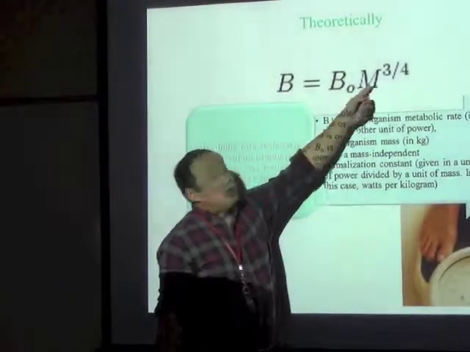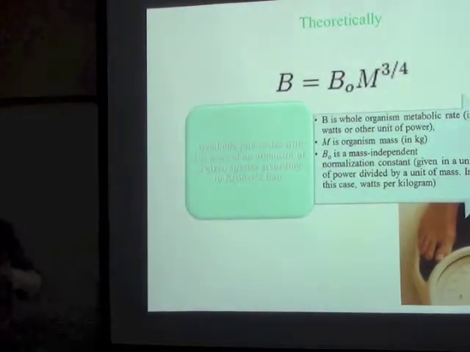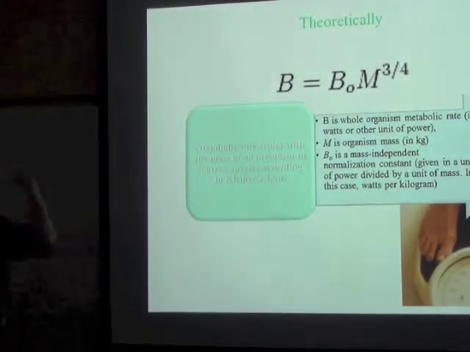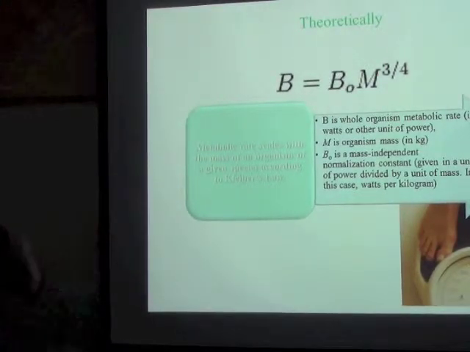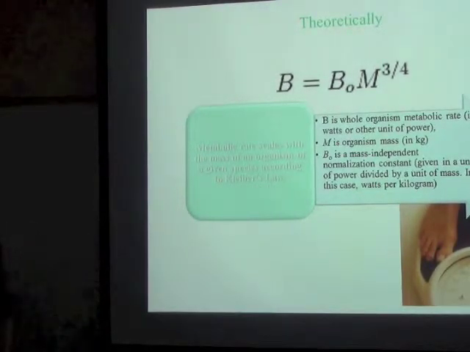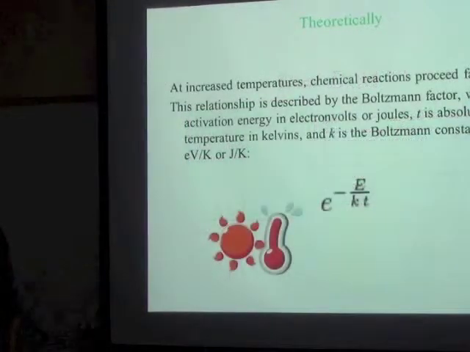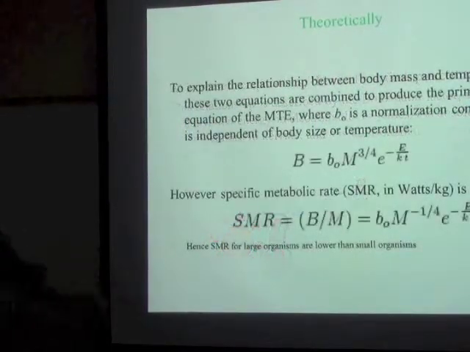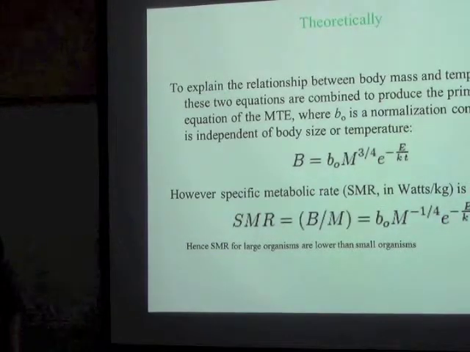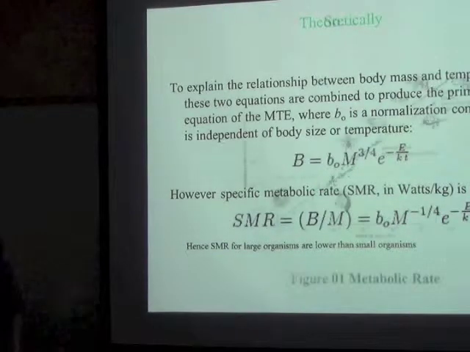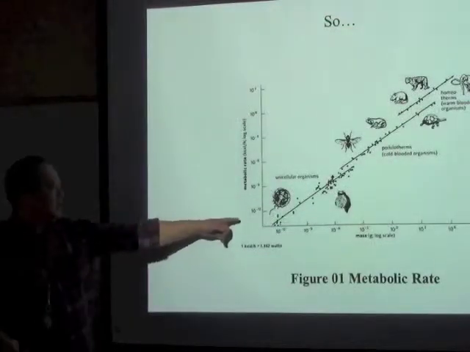Metabolic rate is proportional to the body mass to the power of 3/4. And this type of power law distribution is prevalent in complex systems. Okay? And you can Google, just type in Kleiber's rule, and you can find a lot more information here.